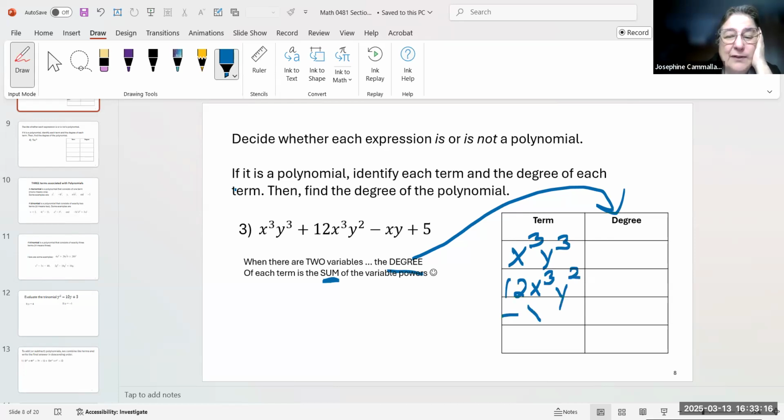Now remember, I got to write the negative with the xy because that's a term. It's got a negative, and then I have a 5.